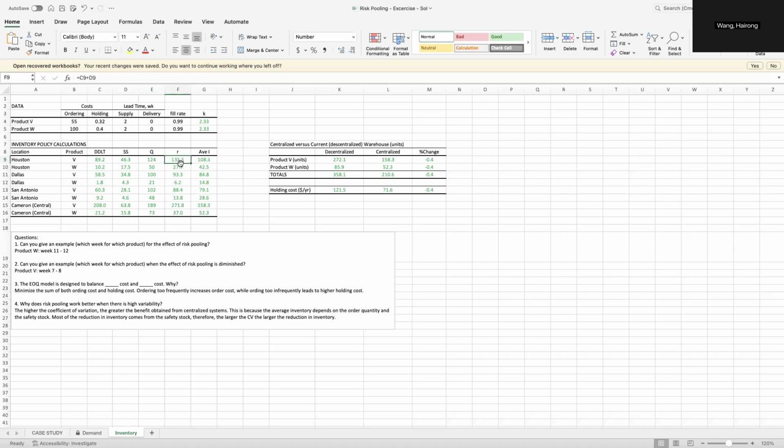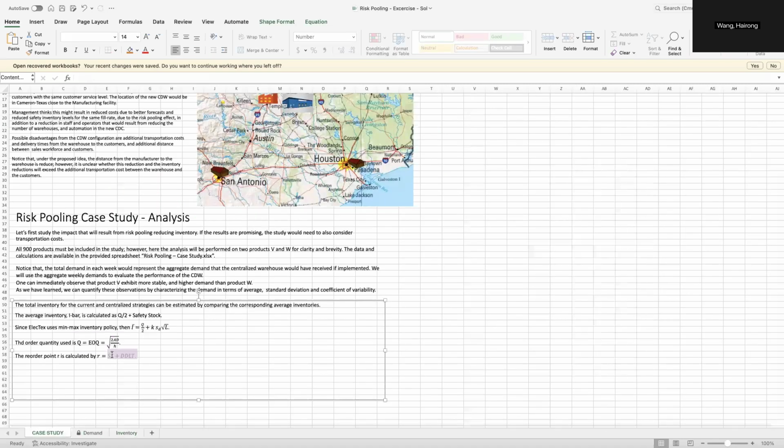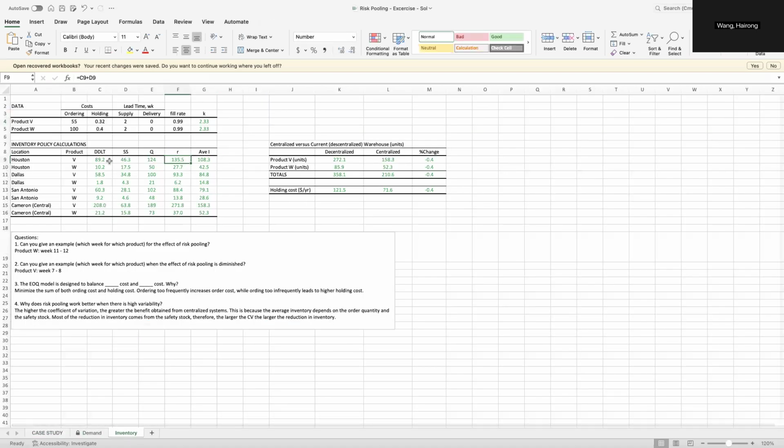And next is the quantity R, the reorder point, which can be calculated by the formula here, which is the safety stock plus DDLT. Because we have already calculated DDLT and safety stock, to calculate R the only thing we need to do is to sum the values here and here.